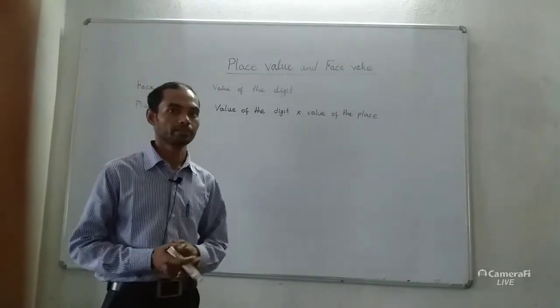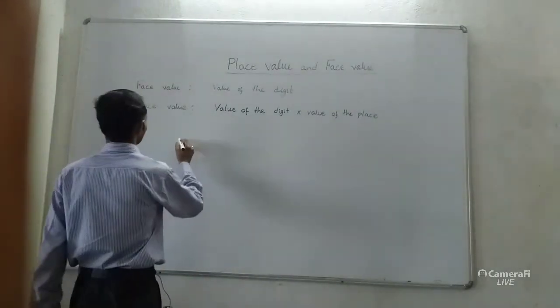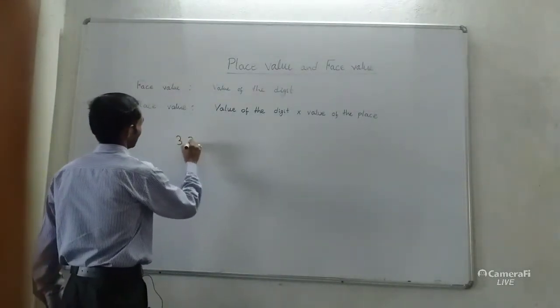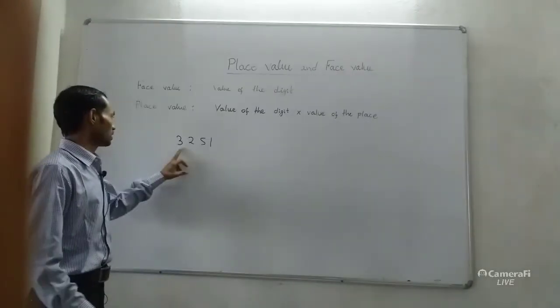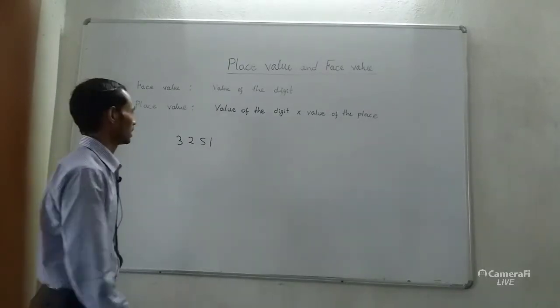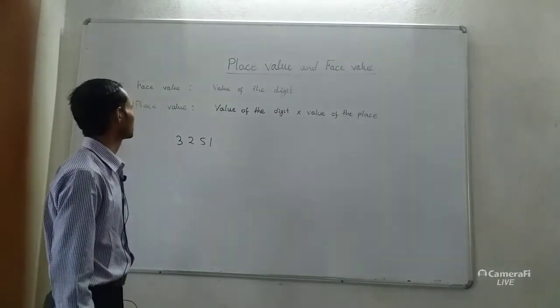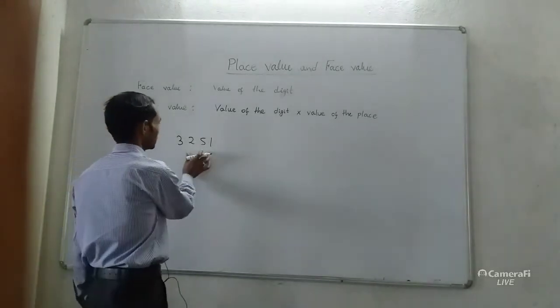Let us explain it. Let us take a 4-digit number, 3251, and we will write one by one the face value and place value of each of the digits of this number.